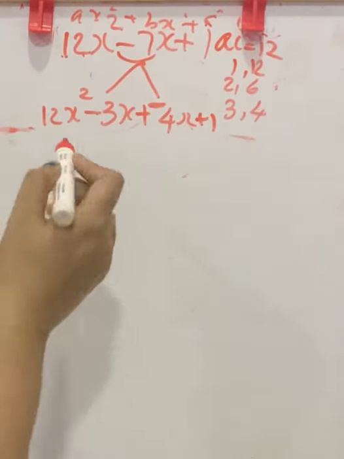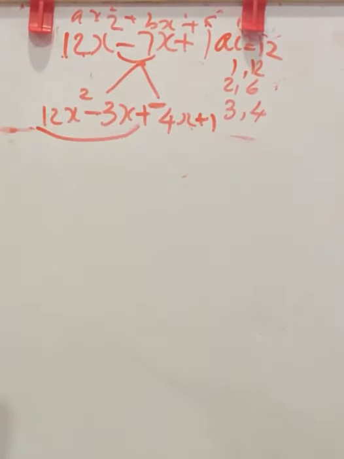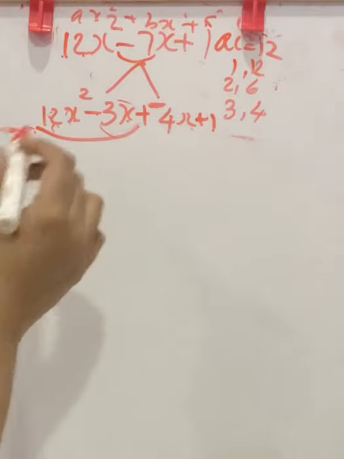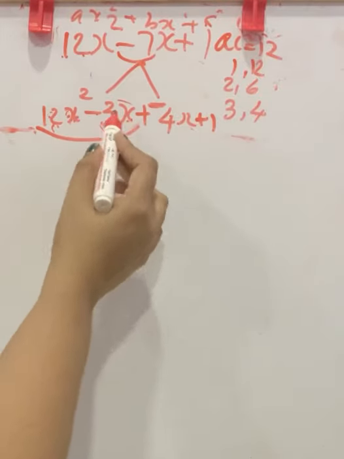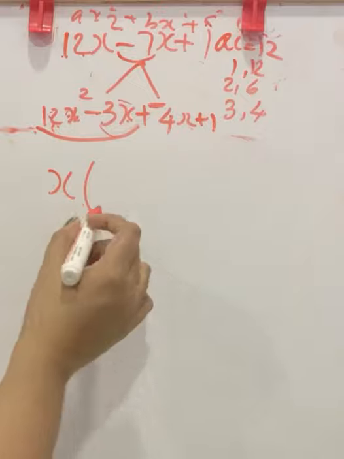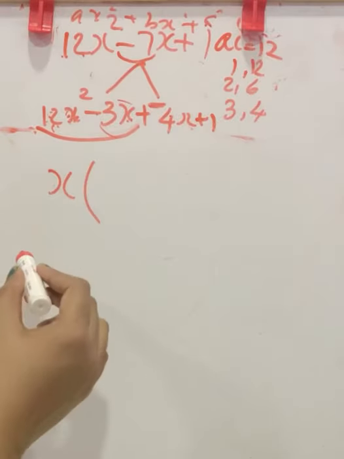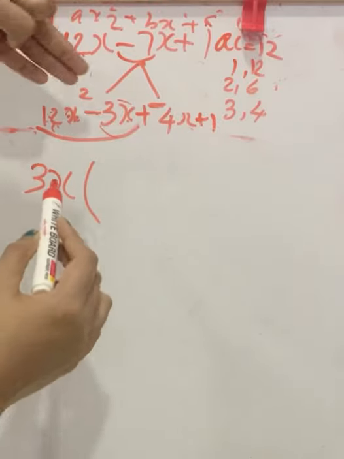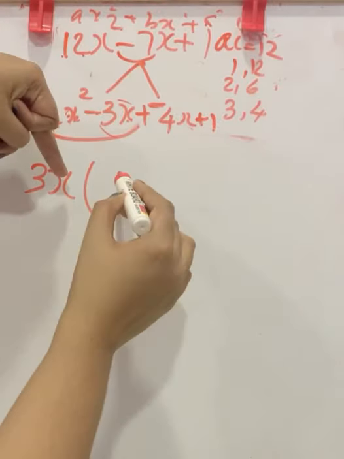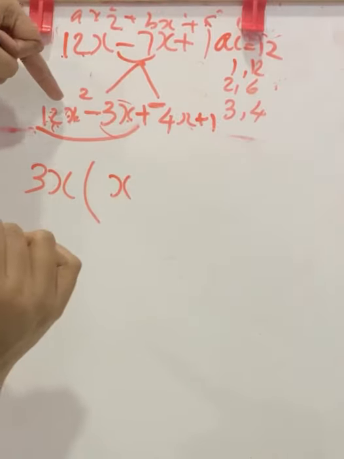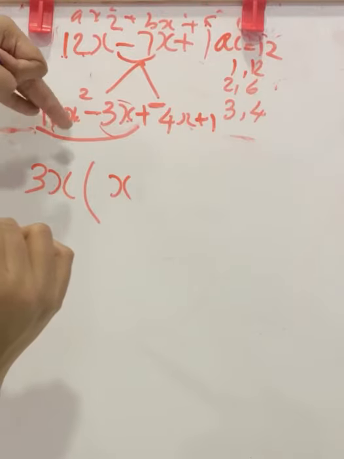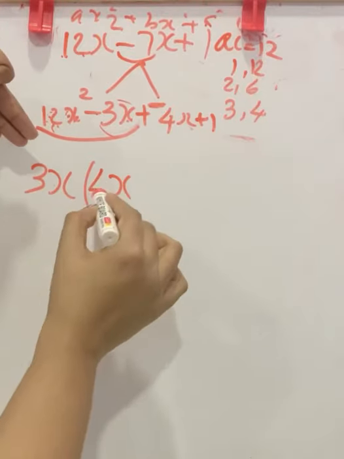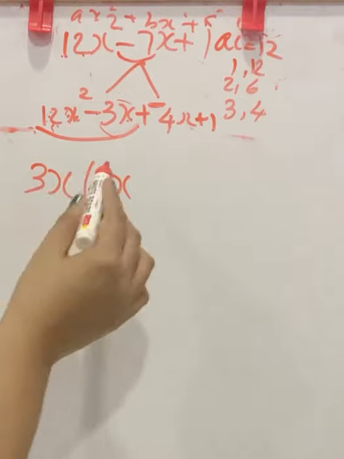Now next step is to find the common factor from first two terms. From first two terms we have x as a common factor. Take x outside. Now in 12 and 3, 3 is a common factor, so taking 3 outside. Here x is taken, so 1x will be remaining. From 12, 3 is taken, balance will be 4. Don't write this balance as 9.